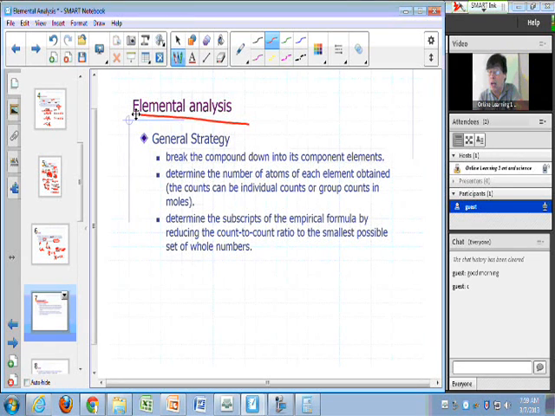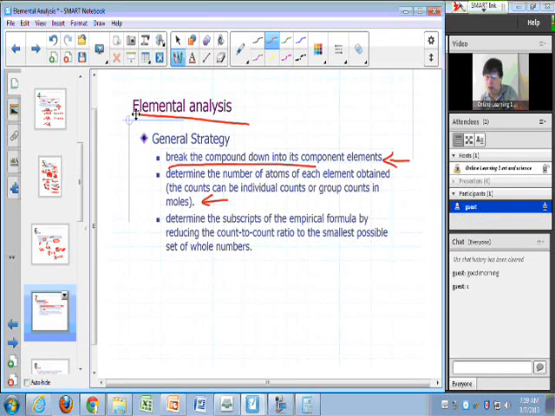The general strategy in elemental analysis is you try to break down your compound to its component elements. You do that in the lab. You find a way to break it down into its elements. And based on the experimental data, you try to determine the relative number of atoms of each element obtained. So you get the count-to-count ratio for the atoms of the elements found in your sample.